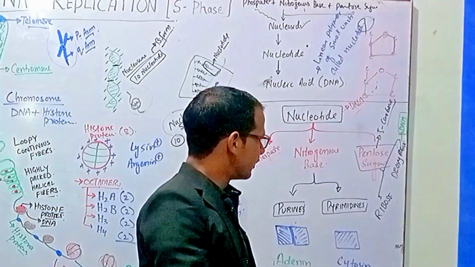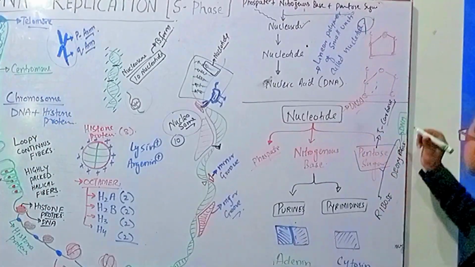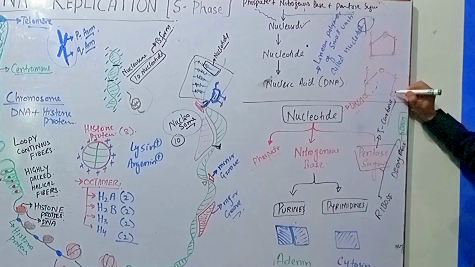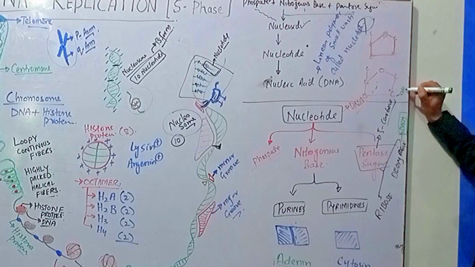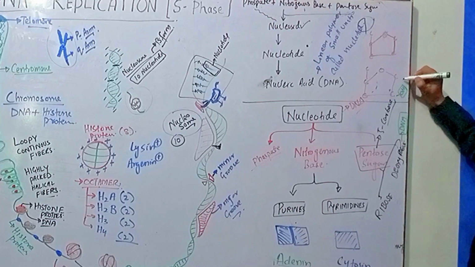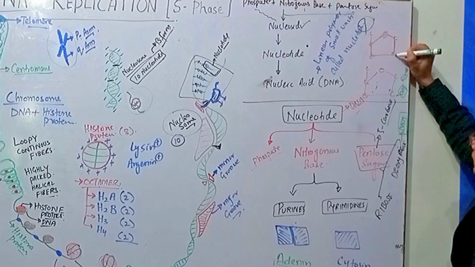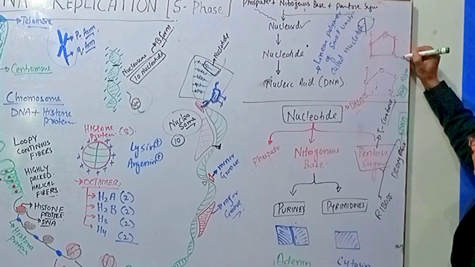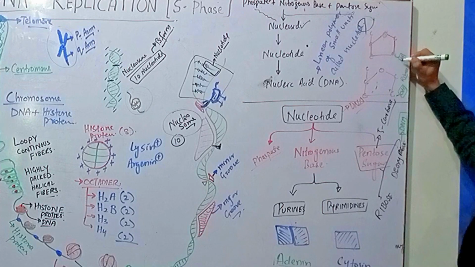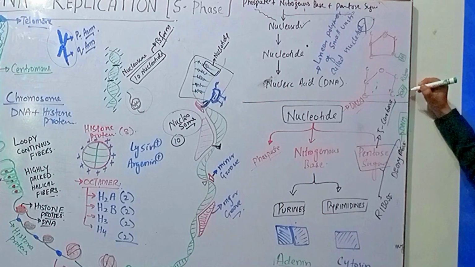What is the actual difference between ribose and deoxyribose? Here on carbon number 2, OH is present in ribose, right? In deoxyribose on carbon number 2, there is 1 oxygen less than ribose, so it is called deoxyribose, right?